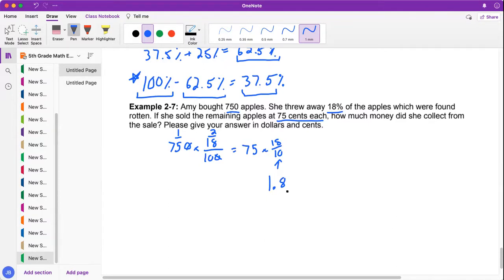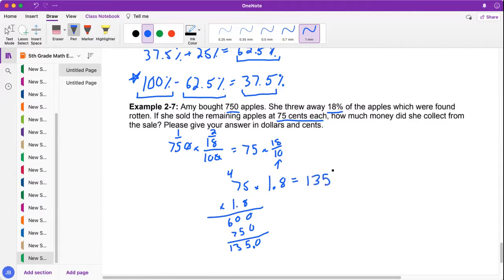And then 75 times 1.8, which I don't know. 135. 135, perfect. Make sure my math's good.